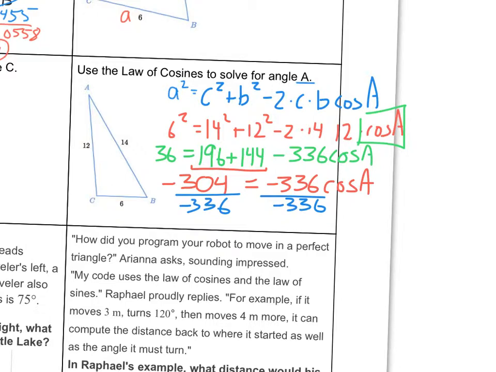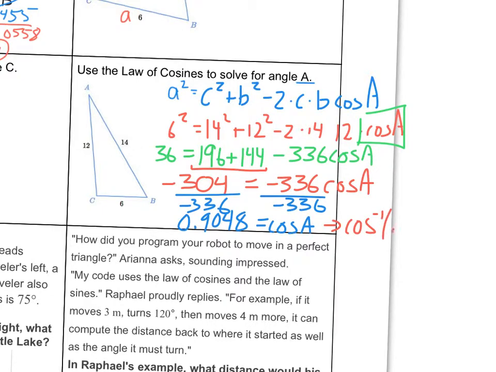And when we do that, negative 304 divided by negative 336, we get 0.9048 is equal to cosine of A. To get A by itself, we're going to convert that to cosine inverse on both sides.